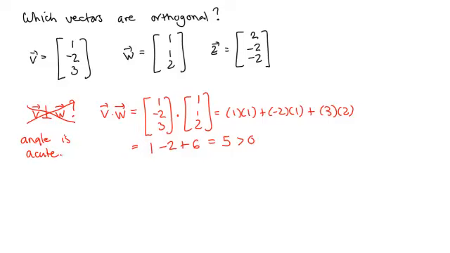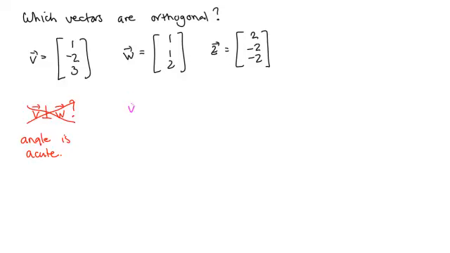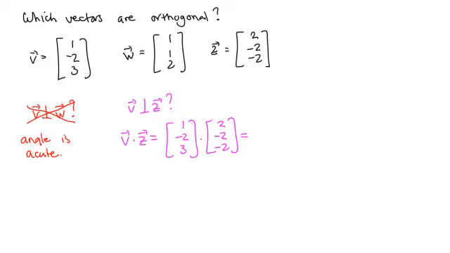All right, let's take a look at v and z. We could ask, is v orthogonal to z? Well, let's just check their dot product. So we'll take the vector 1, minus 2, 3, and we'll dot it against the vector 2, minus 2, minus 2. So when we take the product across the first rows, we get 1 times 2. The product of the second components is negative 2 times negative 2, and the product of the third components is 3 times negative 2.